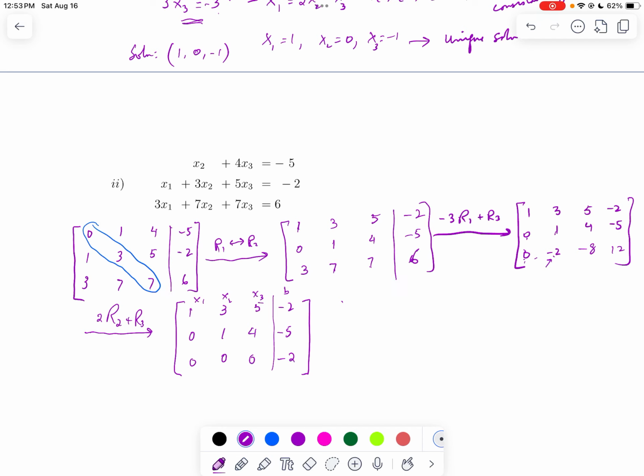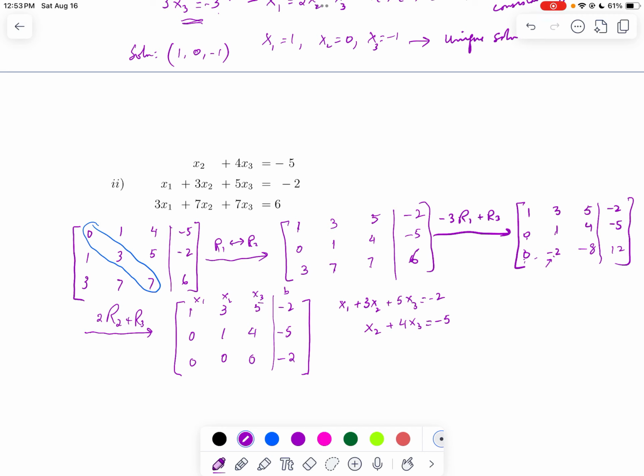Some people use that, some don't. So the first one is giving me x1 plus 3x2 plus 5x3 equals -2. The second is giving me 1x2 plus 4x3 equals -5.